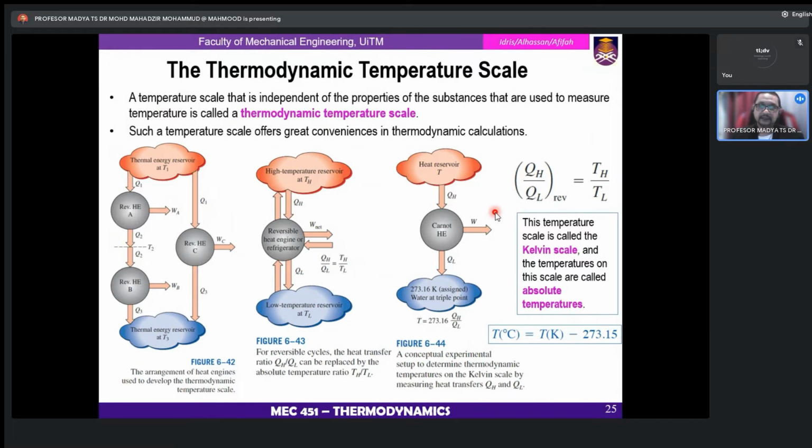The formula for the thermodynamic temperature scale: QH, the heat at the hot reservoir, over QL for a reversible heat engine, is equal to temperature high over temperature low. So this is a temperature scale that can be used to measure temperature using the heat.